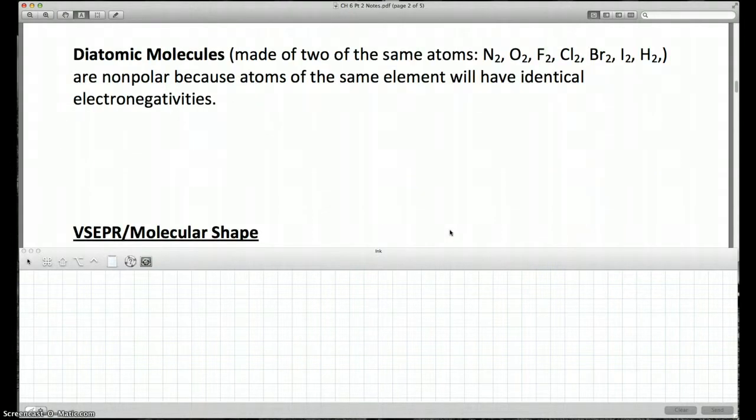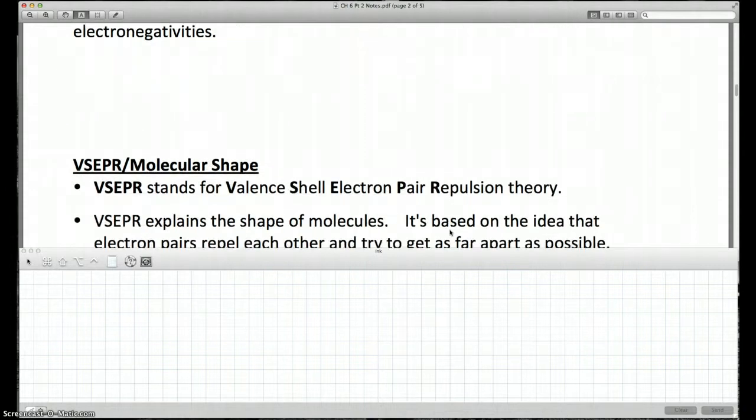So the next thing I want to talk about is molecular shapes. We've been drawing these pictures, these Lewis structures, and we haven't really worried about the shape too much. We've just been drawing the pictures of them and saying there's a Lewis structure of CH4 or whatever. Now we have names for the different shapes of molecules.